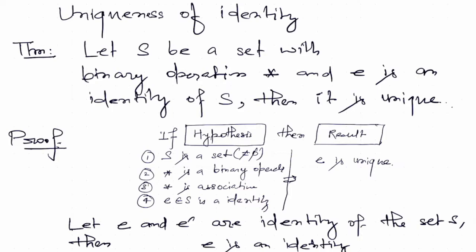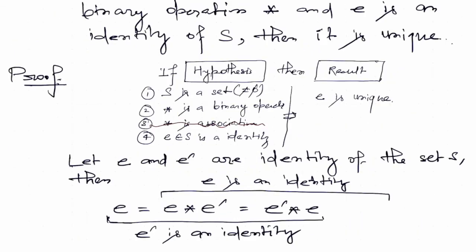Sorry, this is not necessarily required. And the third one actually is E is identity. This will imply that E is unique. Okay, we can show that. This is a uniqueness kind of result. You have to show something is unique. So basically what you do, you will take two such things with the same property.